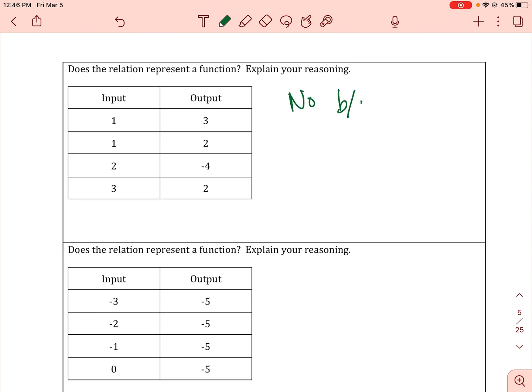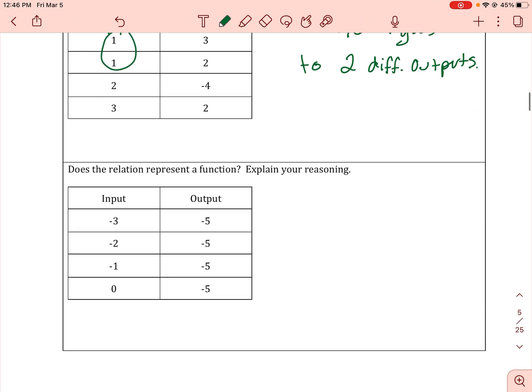No, because 1 goes to two different outputs. So your input of 1 goes to two different outputs. So because this repeats, it is not a function.